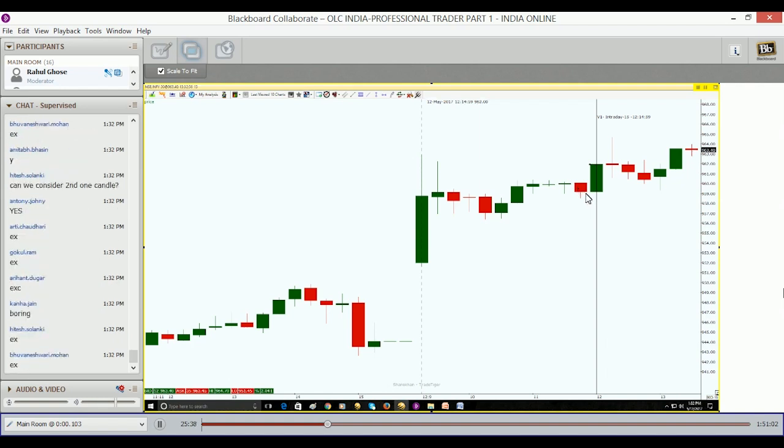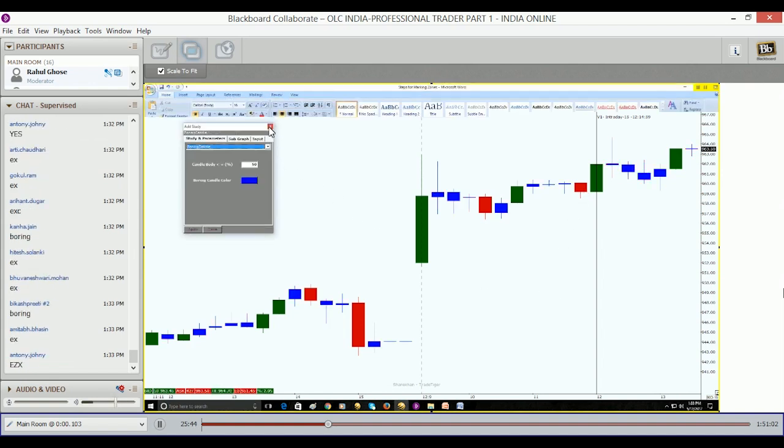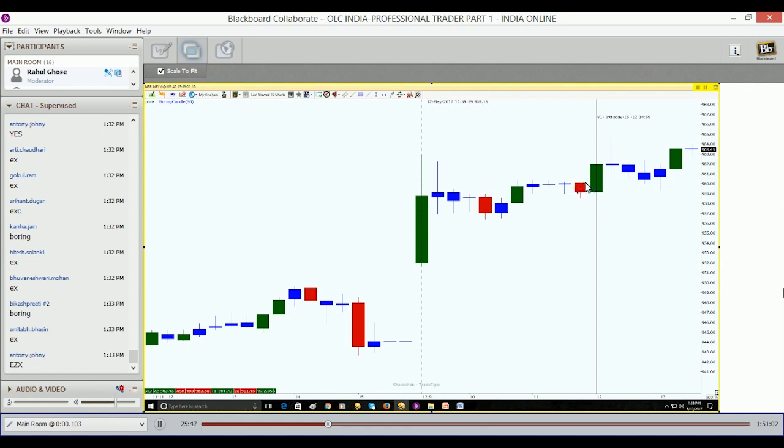Let's use the boring candle indicator. The indicator says that it is an exciting candle, which means can I mark my base over here? No, I cannot mark any demand zone over here.